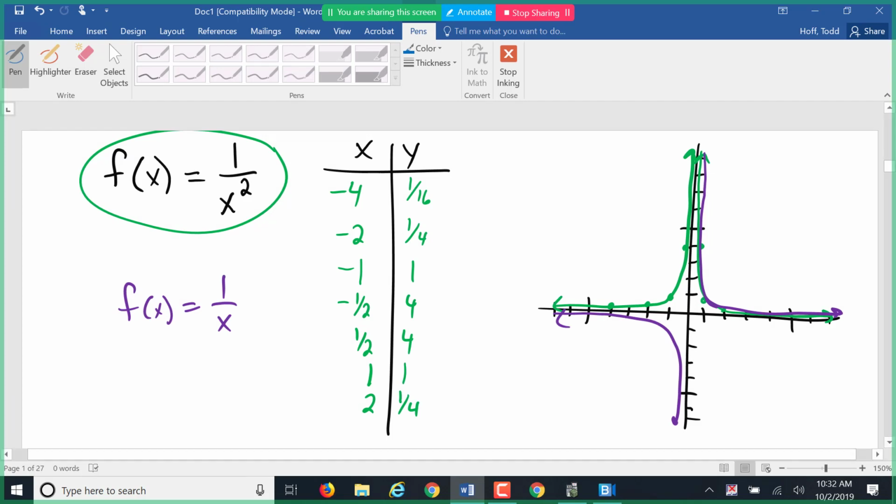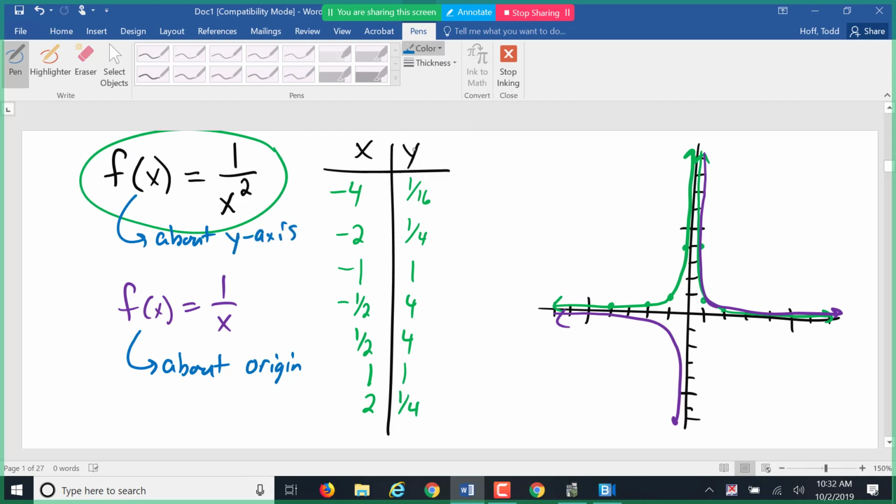The symmetry, though, for each: 1 over x we said was symmetrical about the origin. 1 over x squared, we see the green curve is symmetrical about the y-axis. So what that's saying, symmetrical about the y-axis, if you recall, is an even function. Symmetrical about the origin is an odd function.